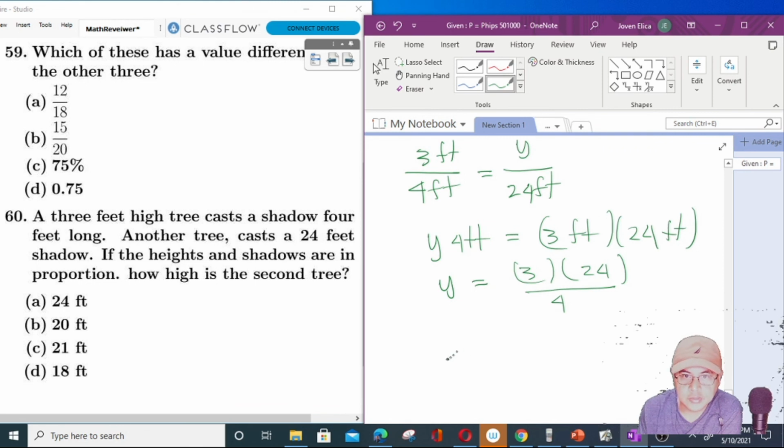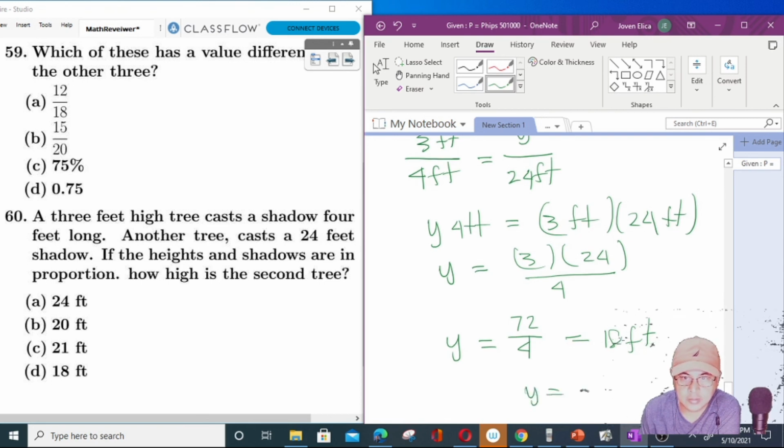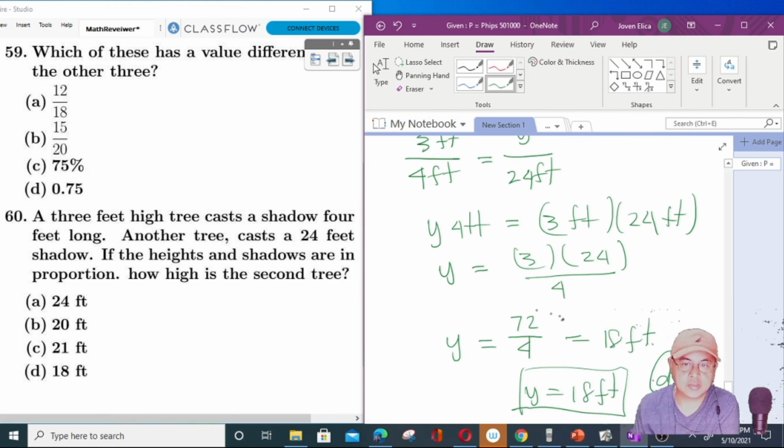The value of y is equal to 24 multiplied by 3 is 72, divided by 4, which is equal to 18 feet. The value of y is equal to 18. Letter D. The answer is letter D. So this is a trigonometry similar triangle formula.